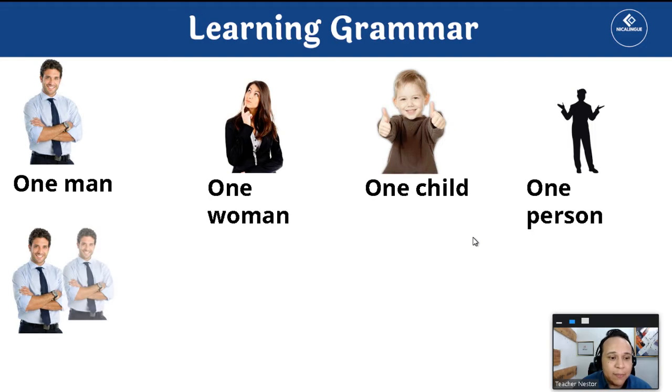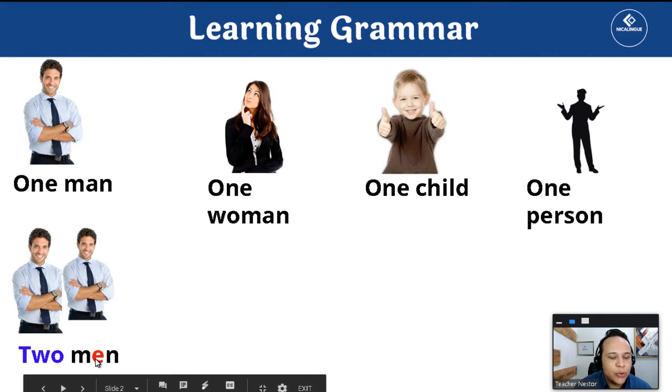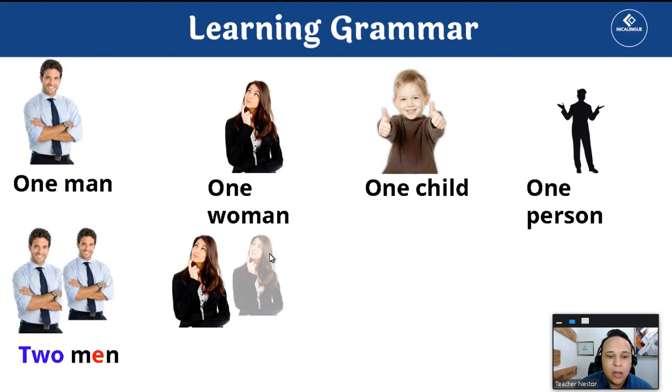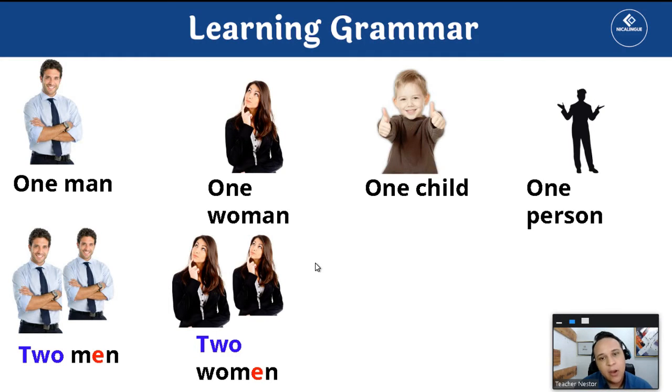If we need to make them plural, we need to learn them by heart. Instead of saying one man, we are going to say two men. One woman, two women.